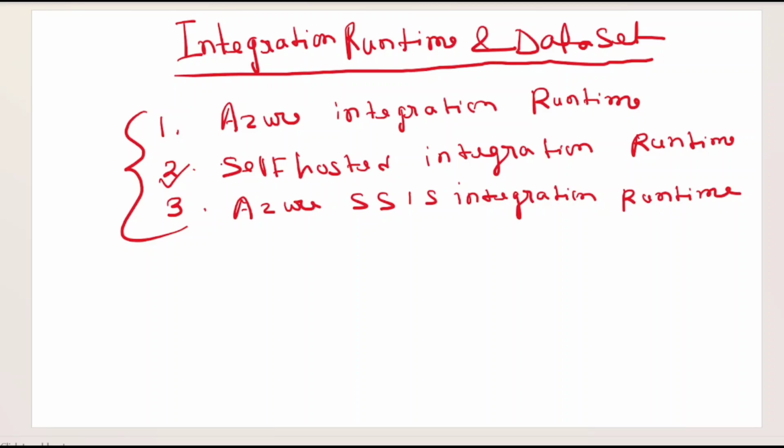It runs existing SQL Server Integration Services packages in Azure. What does SSIS mean? SQL Server Integration Services. So guys, we have understood what is integration runtime and what are the different types of integration runtime.